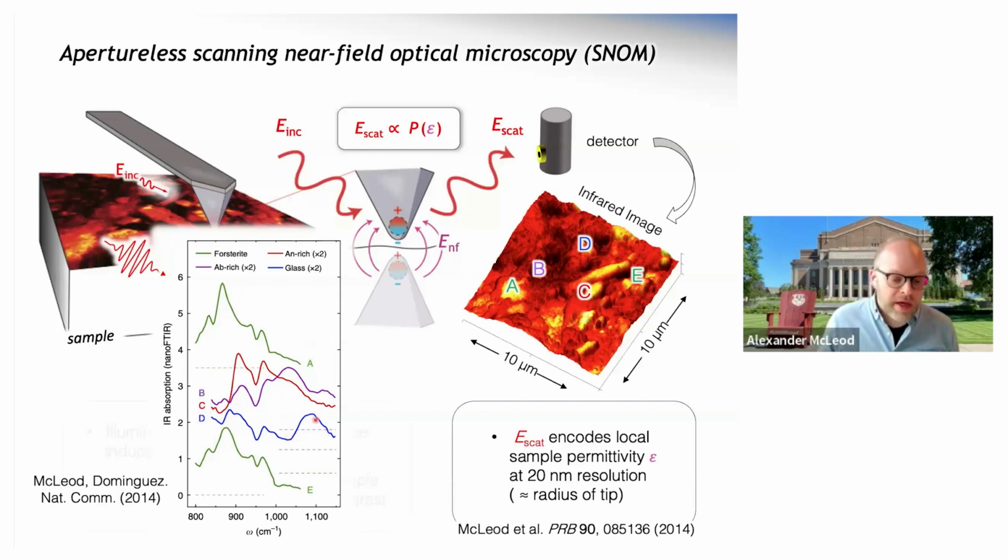And this is mapping different vibrational modes inside of the material. And these different vibrational modes allow for chemical fingerprinting. So these are different mineral phases. This is magnesium oxide, this is a glass, this is an albite, which is a potassium oxide. So it's a very powerful way of then doing chemical diagnostics. We're just basically mapping the properties of nanoscale regions, optically mapping those properties at these high spatial resolutions.